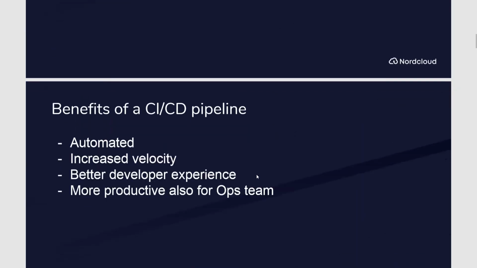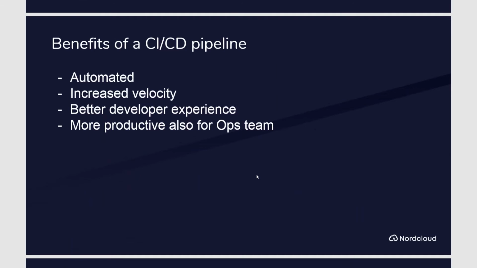So in this context, and especially on top of cloud, it's quite easy to see the need for CI/CD pipelines. Of course, the first reasoning for this is automation. You are not doing any manual steps anymore, so the whole pipeline is automated all the way from testing and packaging to artifact, all the way into the deployment and delivery side.